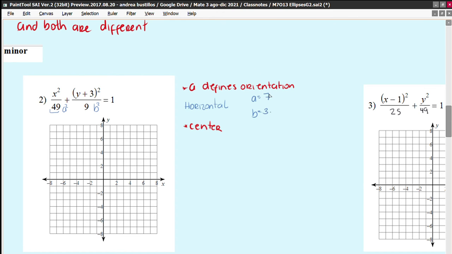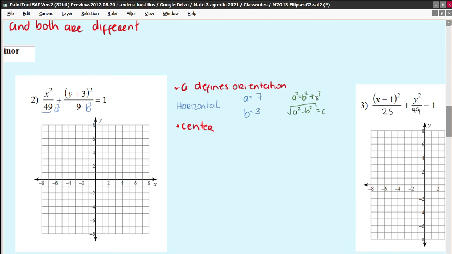To find the value of c, remember that we have this property, in a way that if we solve for c, we have that the difference of a squared minus b squared, square rooted, is c. Why? Because if I first solve for c squared, I have this expression.